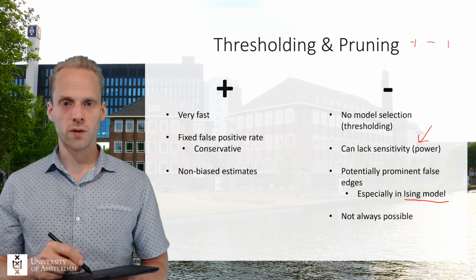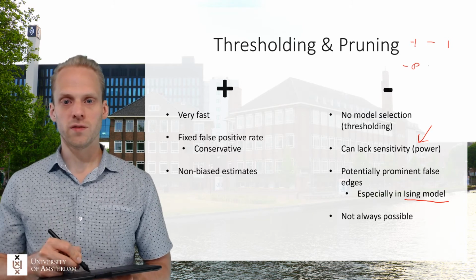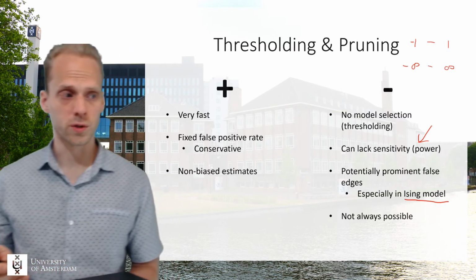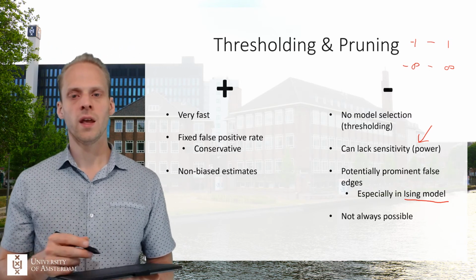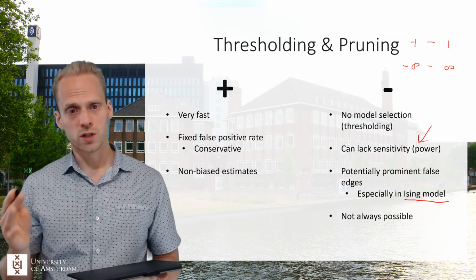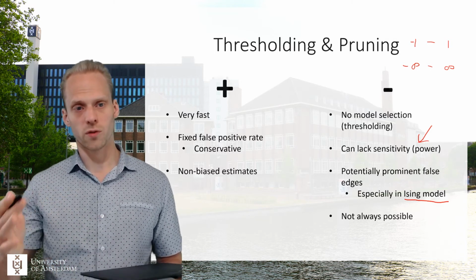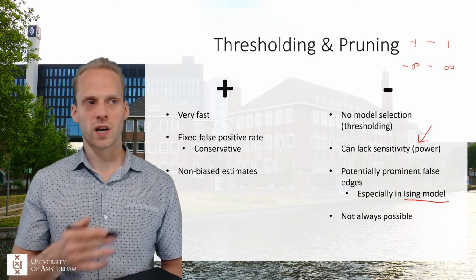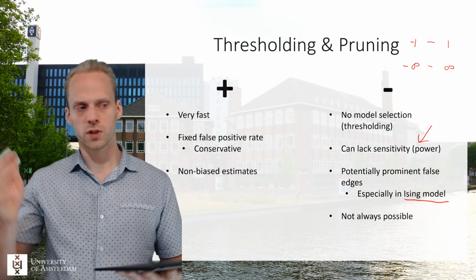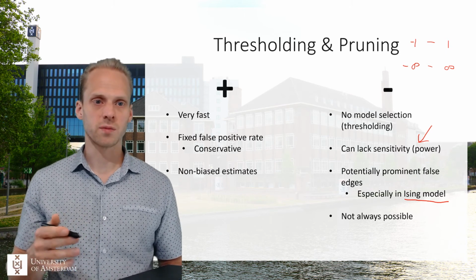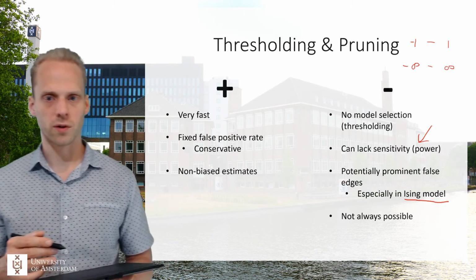The Ising model has parameters that go from -infinity to infinity because they're log-linear regression slopes, not partial correlations. That means in the Ising model, some small fluctuations can lead to much stronger effects in the graphical representation of the network. So an edge that might be 2, for example, might suddenly be 3 due to sampling variation, and a false edge might be very strongly prominent in the network.